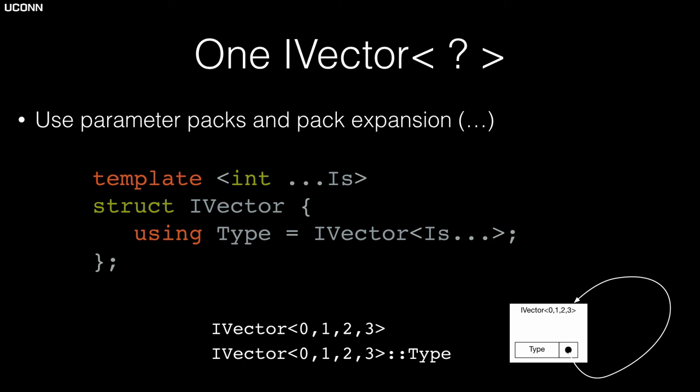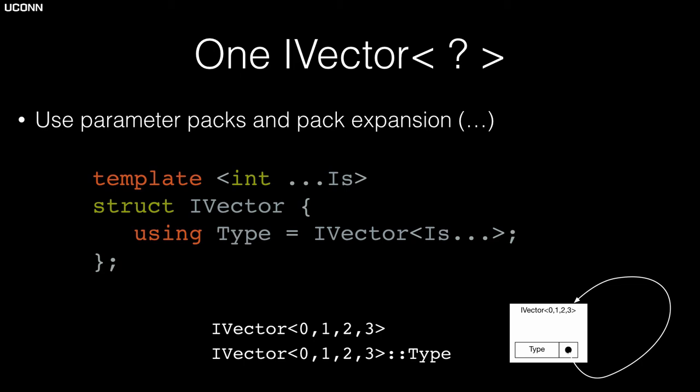What I'm doing here is I say that the type that's embedded inside I vector is I vector itself, but this time I'm taking my parameter pack and I'm expanding it. Remember that parameter pack expansion takes every parameter in the pack and comma separates them. So if my parameter pack is 0, 1, 2, 3, I get the sequence 0, 1, 2, 3 embedded in here. So the type and I vector itself are one and the same.